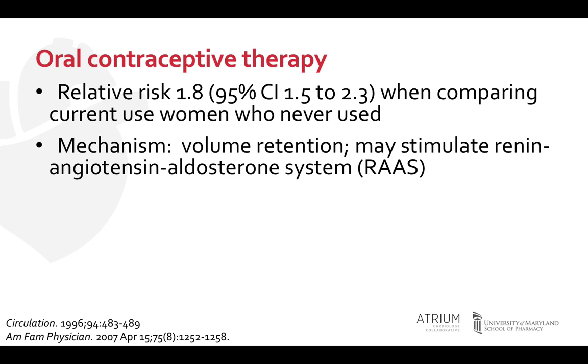The higher the formulation or concentration of estrogen a woman is receiving, the higher the potential risk of developing hypertension. So when we're prescribing estrogen therapy to patients, we want to use the lowest dose of estrogen that is possible to minimize this risk of hypertension developing.